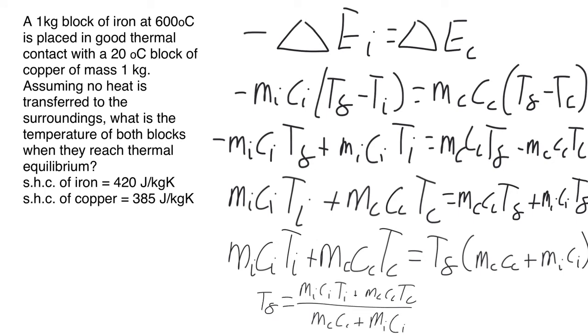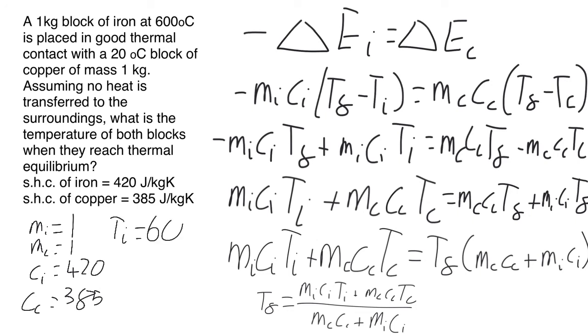Taking my values from the question, I have the mass of iron is 1 kilo, the mass of the copper is 1 kilo, the specific heat capacity of the iron is 420, the specific heat capacity of the copper is 385, the initial temperature of the iron is 600 degrees Celsius, and the initial temperature of the copper is 20 degrees Celsius.